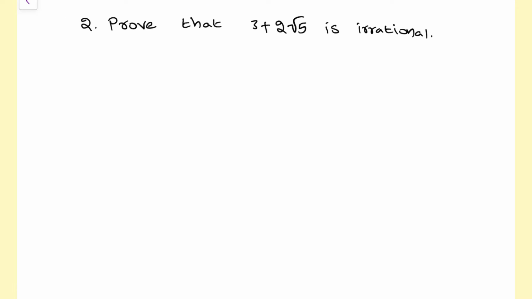Moving to question number 2. Prove that 3 plus 2 root 5 is an irrational number. The first statement as usual: on the contrary, let us assume 3 plus 2 root 5 is rational.